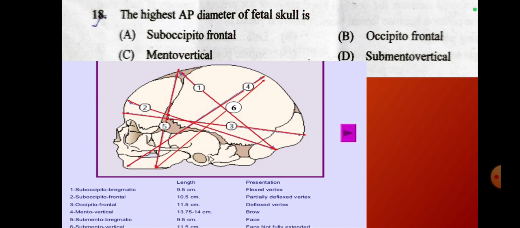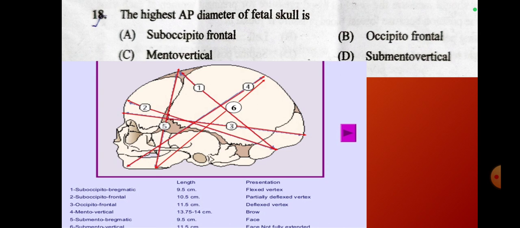Occipitofrontal, the length is 11.5 cm. The presentation is deflexed vertex. Next, mentovertical. The length is 13.75 to 14 cm. The presentation is brow. Submentobregmatic, the length is 9.5 cm and the presentation is face.